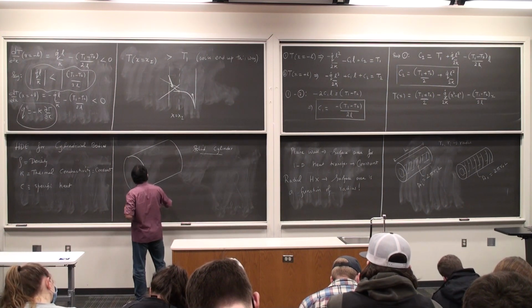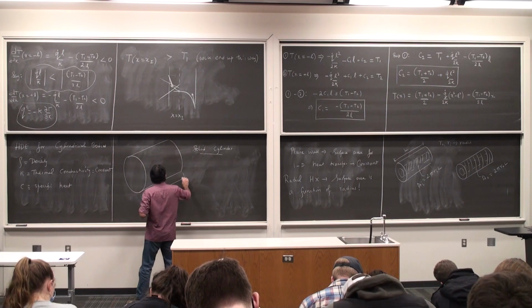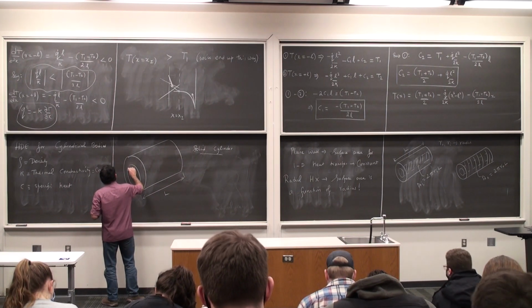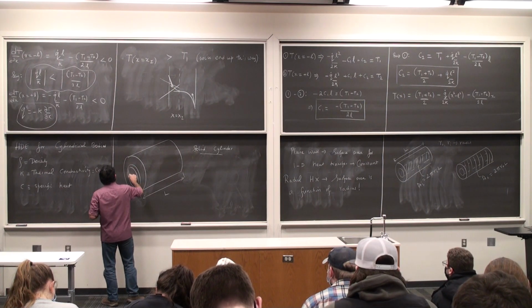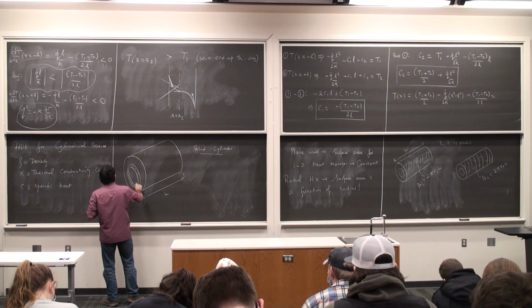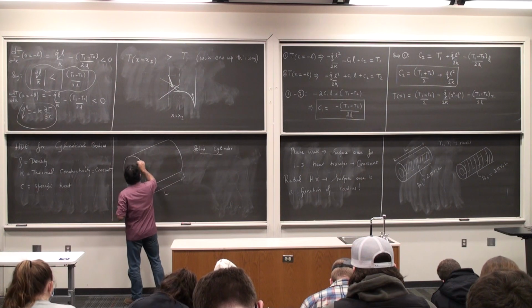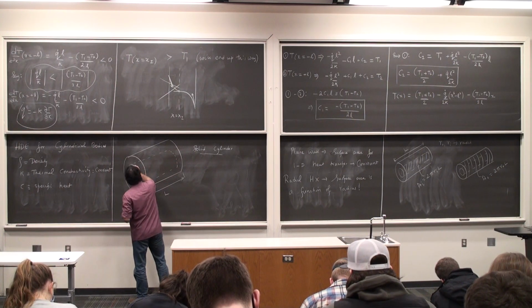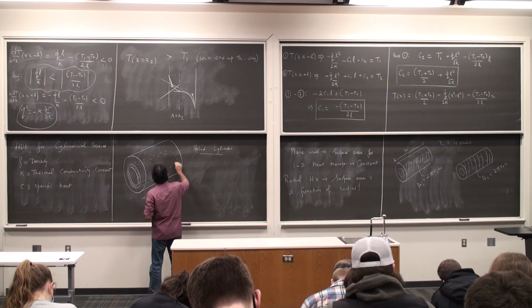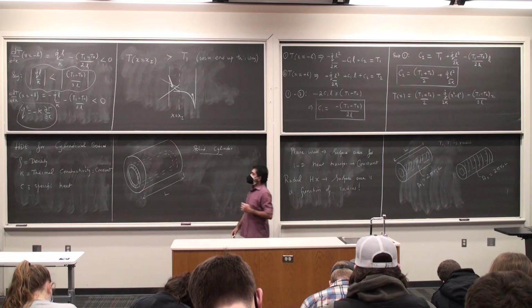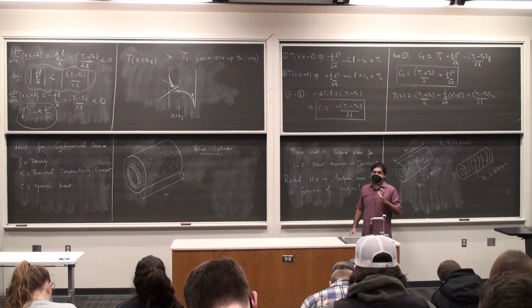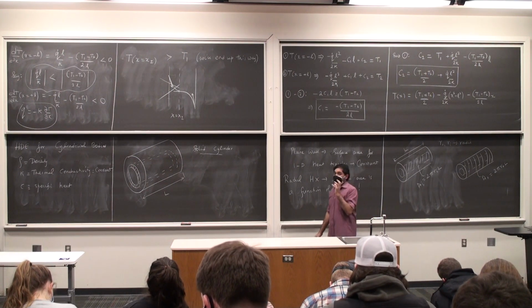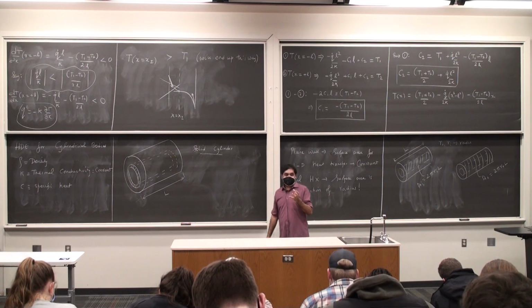So this length is L. This is my small volume element, which means that it is in the form of an annular ring, or a cylindrical shell element.